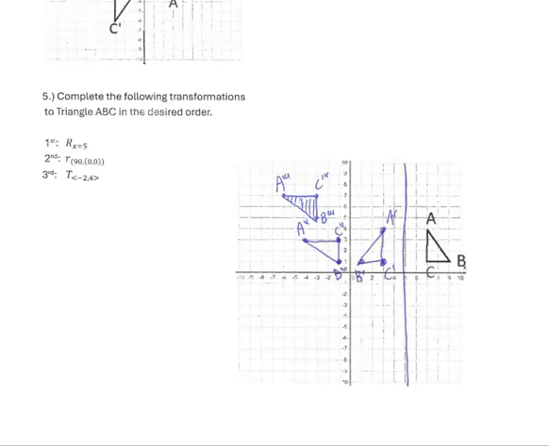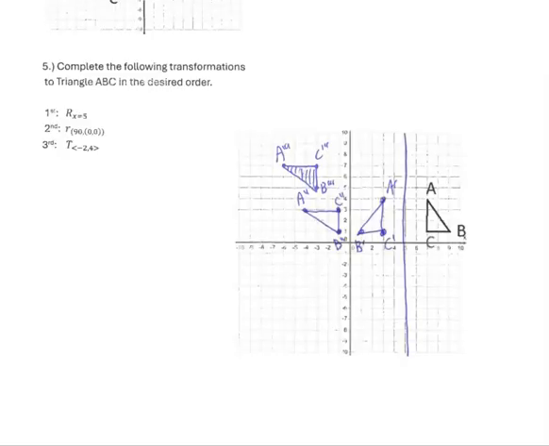You can use your rules that you have down that talk about rotating 90 degrees. I keep doing 90 degrees. I don't know why. The rule is (a, b) becomes (-b, a). So if you take all your points and then you rotate it by using that rule, you could see where it ends up at B double prime, C double prime, A double prime. And then from there, we are going to go left by 2 and up by 4, and you get to your final location. And hopefully that made sense.